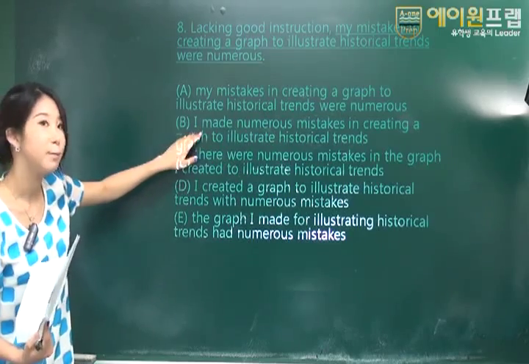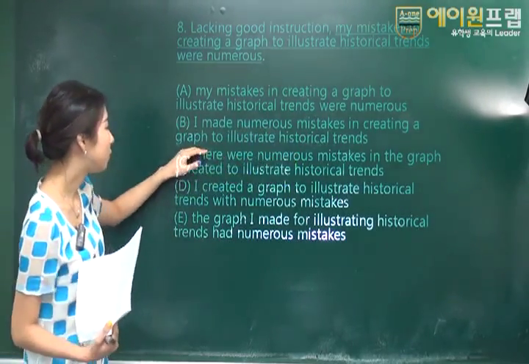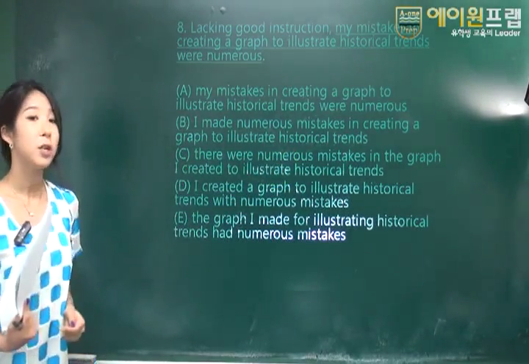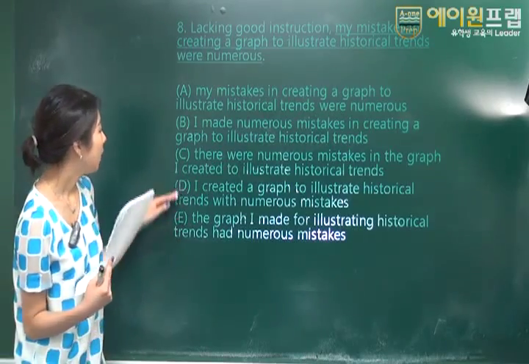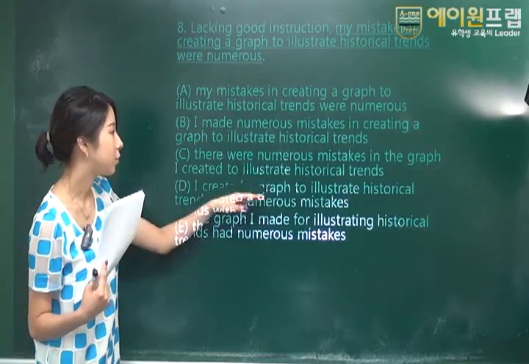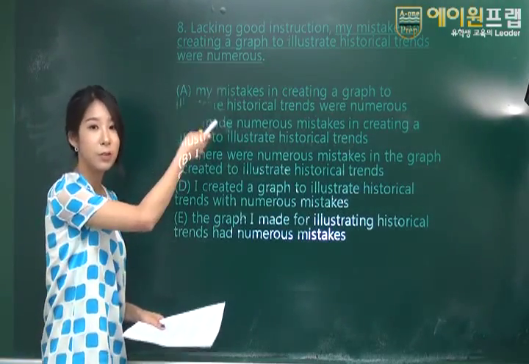B has I as a subject, so let's take a look at it. I made numerous mistakes in creating a graph to illustrate historical trends. It's a good sentence, so we'll keep it. And option C: Lacking good instruction, there were numerous mistakes in the graph I created to illustrate historical trends. Lacking good instruction is a participle.